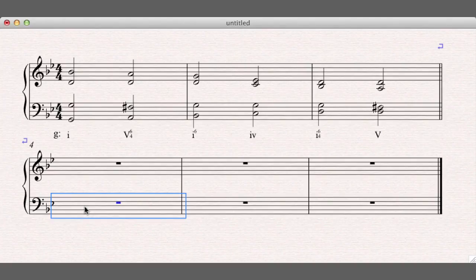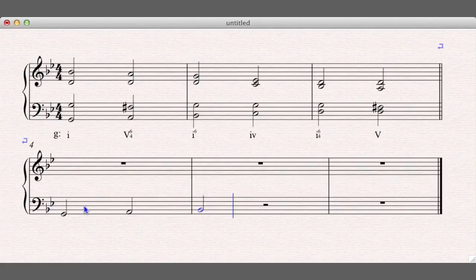So we can put in our bass voice, which will be basically this. That's from our original.